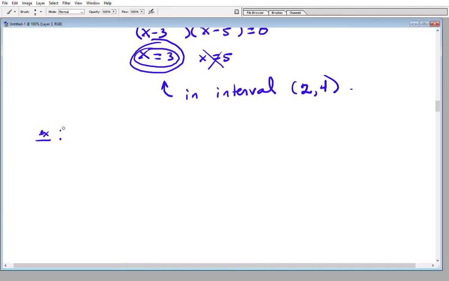So it's 0 in the round parentheses. It's equal to 0 because we know f of 2 is not in between. To mean in between, I use the round ones. In between 2 and 4, that's why I use the round.